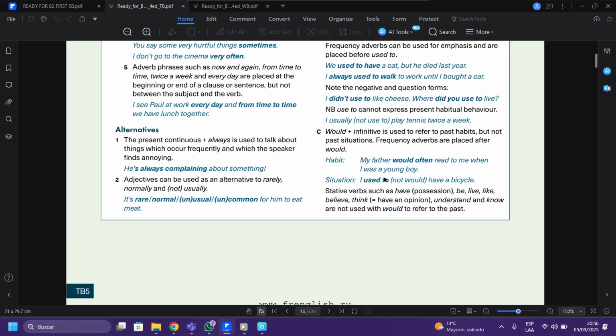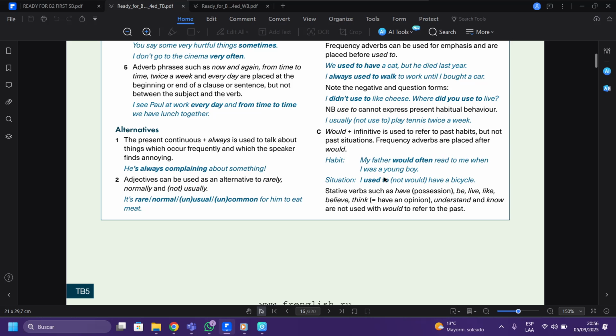And finally, we have the modal verb "would" plus the infinitive, which is used to refer to past habits but not to past situations. For example, frequency adverbs are placed after "would". So remember, after "would". My father would often read to me when I was a young boy. Or a situation: I used to have a bicycle.